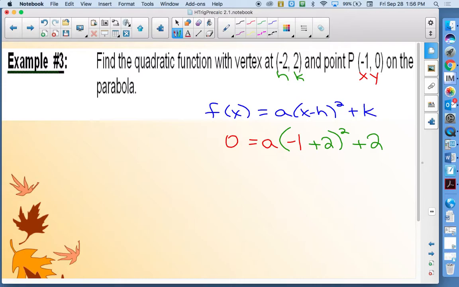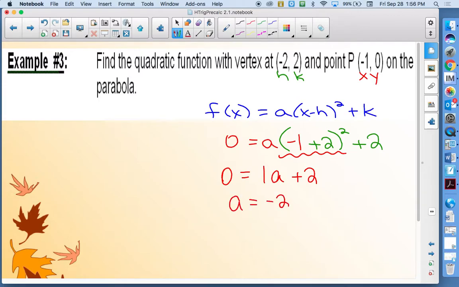So plug in the 4 values and then simplify. So -1 plus 2 is +1. When you square +1, you still get 1. And then get a by itself. So make sure you're doing the exponent part first. And then move the 2 to the other side.